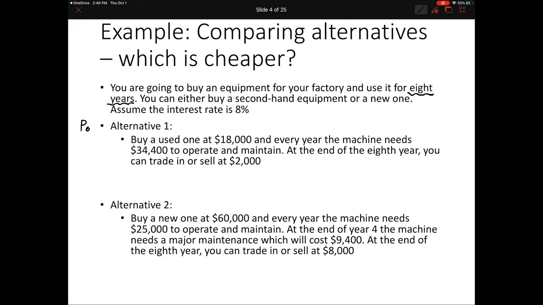So in the end, you want to have a P0 for alternative one. You also need to have a P0 for alternative two. Okay? And you want to compare these two P values. We write P0 option 1 and P0 option 2.